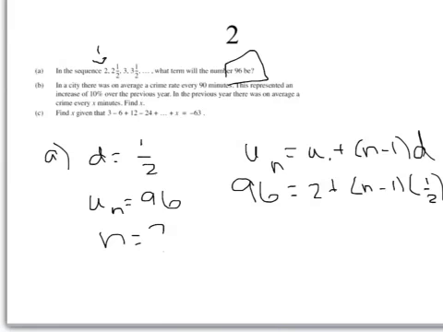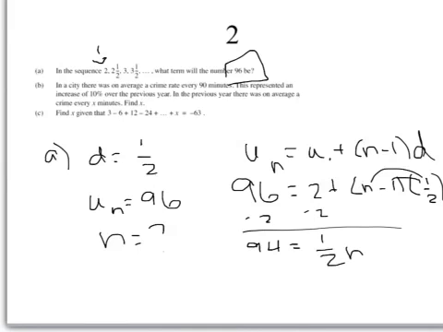I'm going to subtract the 2 over, so 94, and distribute at the same time, equals 1/2 n minus 1/2. Add the 1/2 over, and I get 94.5 is equal to 1/2 n.